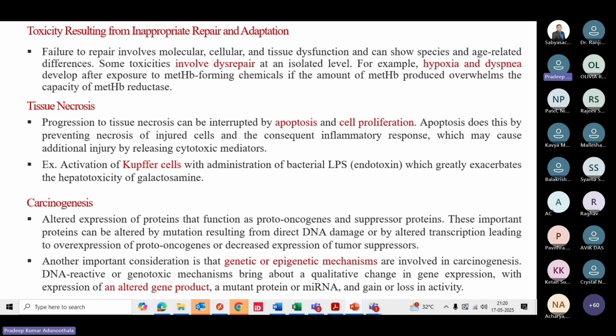That leads to carcinogenesis. Another important consideration is the genetic or epigenetic mechanisms which are involved in carcinogenesis. So DNA reactive or genotoxic mechanisms bring about a qualitative change in gene expression, with expression of an altered gene product or a mutant protein or miRNA, and with that it gains or loses activity.